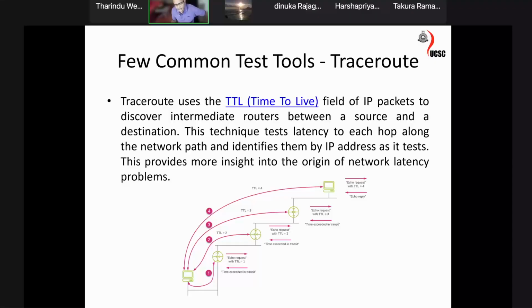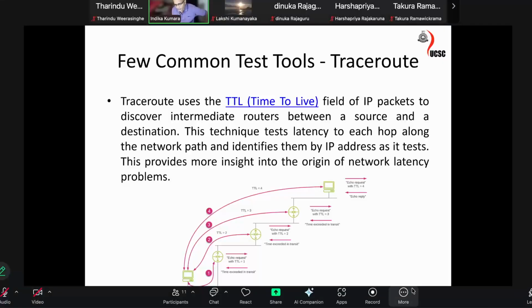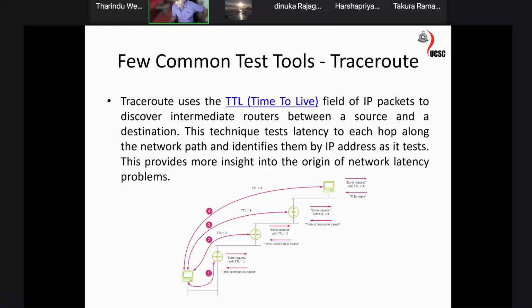Then you send the second packet with TTL 2. It reaches up to the second network device and responds back, expiring the TTL timer at the second device. Likewise, on the third, it will automatically send the packet with TTL 3 and get a response from the third one.